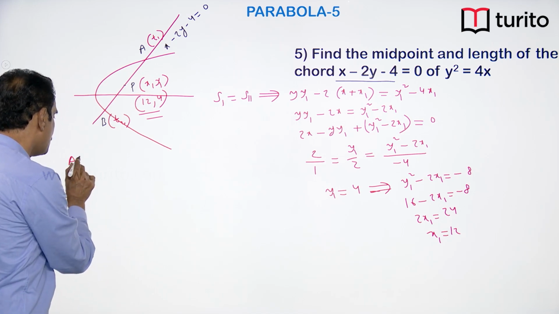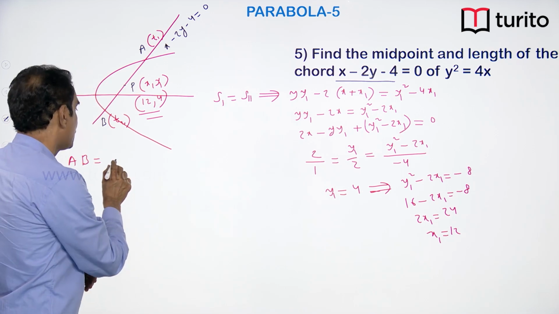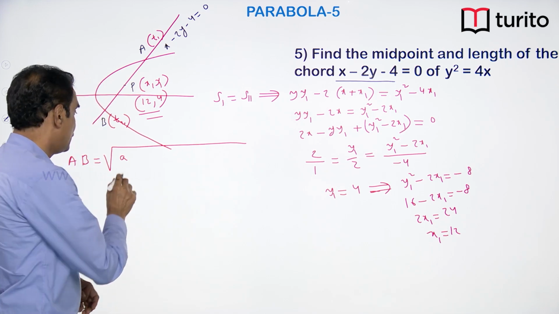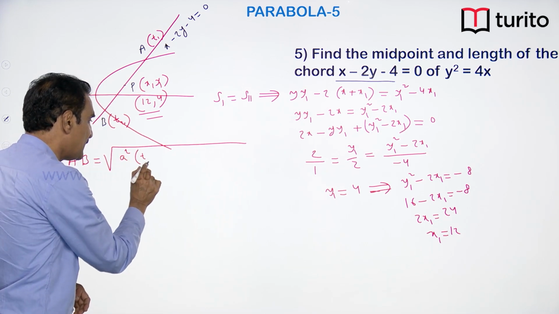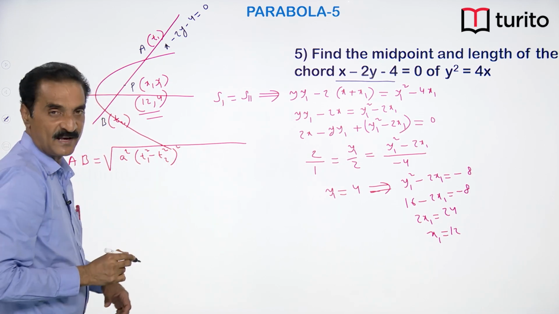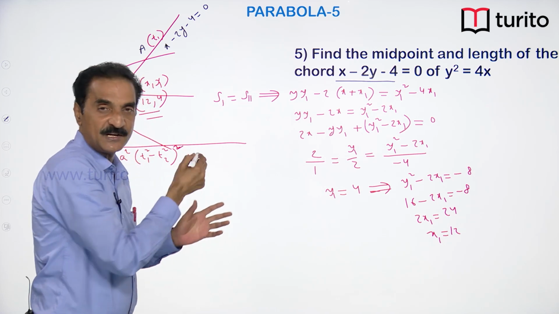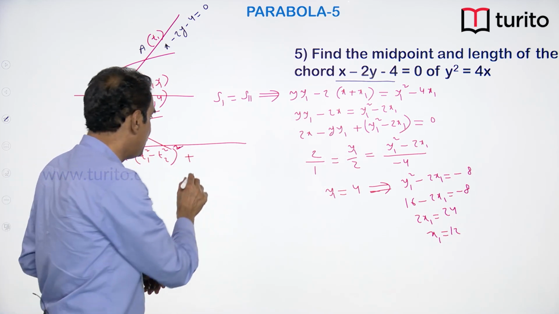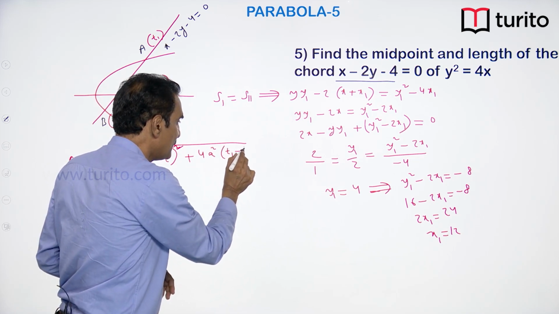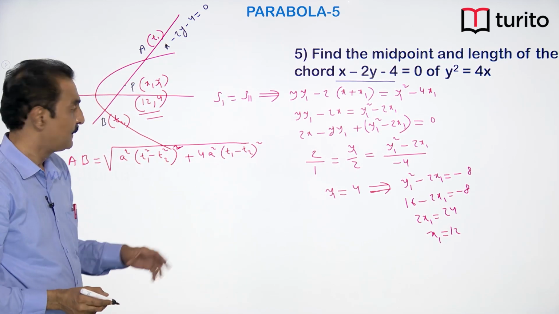AB is equal to, applying distance formula, square root of a square into (T1 square minus T2 square) whole square plus (2a T1 minus 2a T2) whole square, which will be 4a square into (T1 minus T2) whole square.